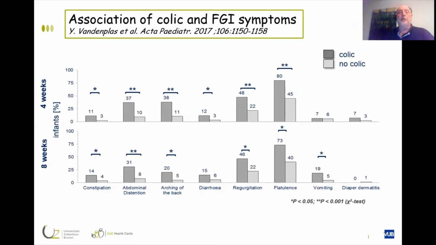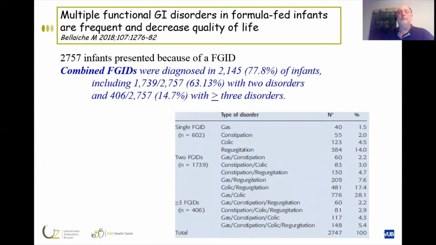And you see that all the different functional gastrointestinal disorders are 2 to 5 times higher in infants with colic than in infants without colic. So having colic makes the child at higher risk to develop other functional gastrointestinal disorders.